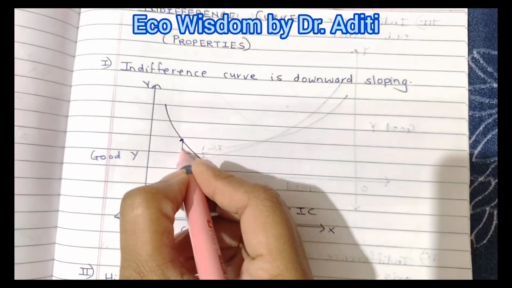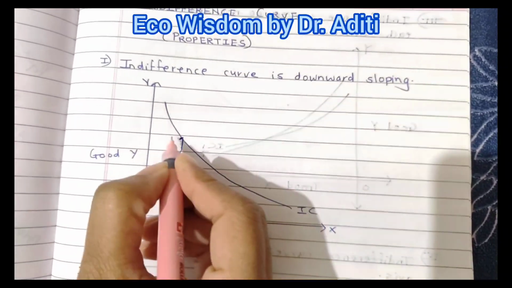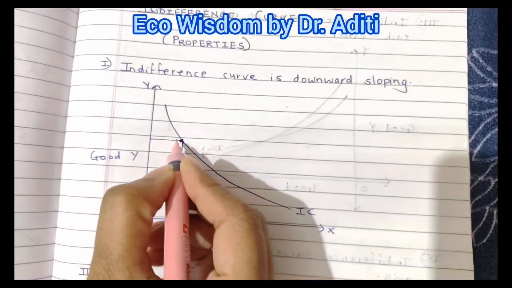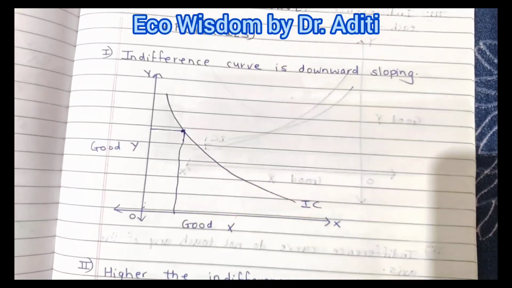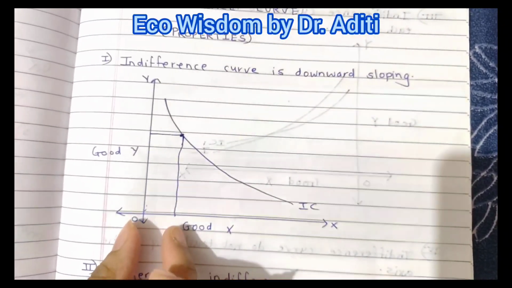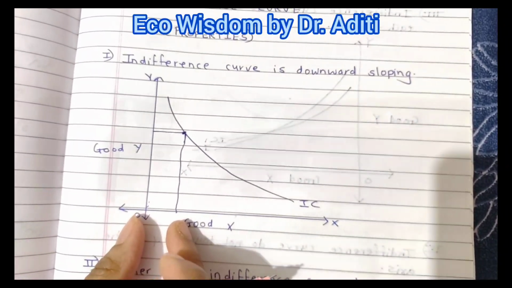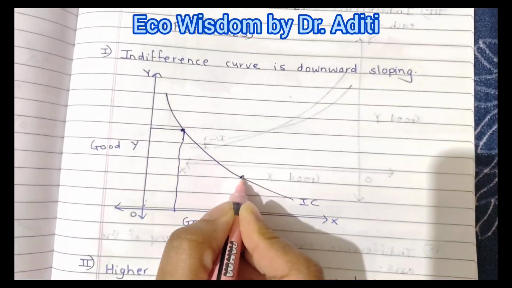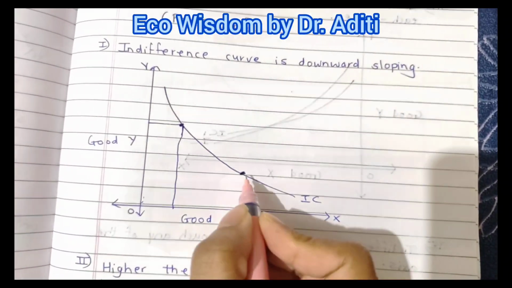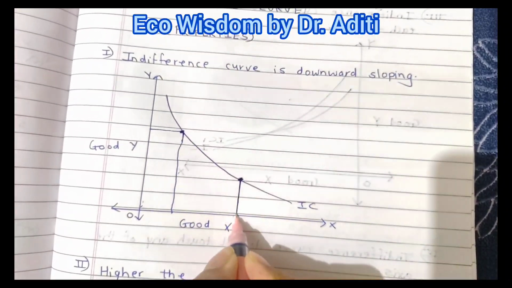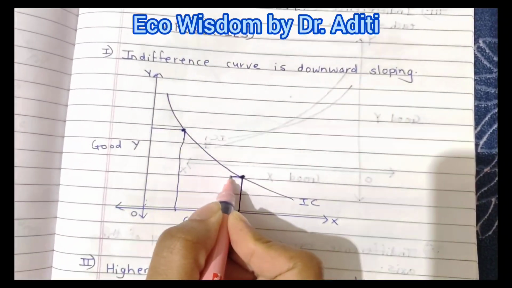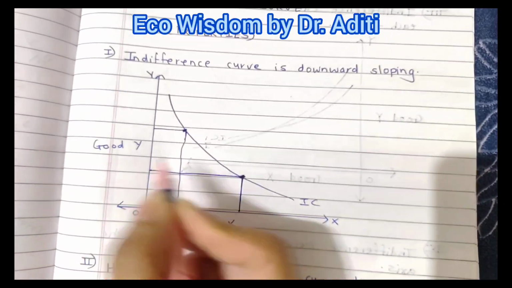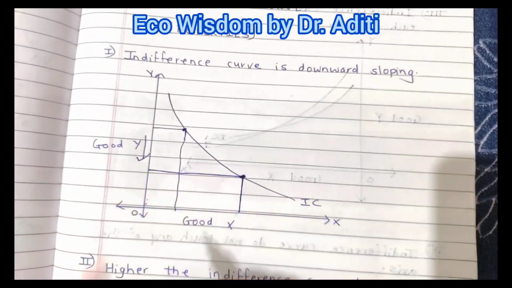Say I'll just drop a perpendicular, which is not very perfect, but it is for an understanding. So x is only this much. Now we have to move to this particular point. This is another combination wherein the x is increased, whereas y has dropped down.